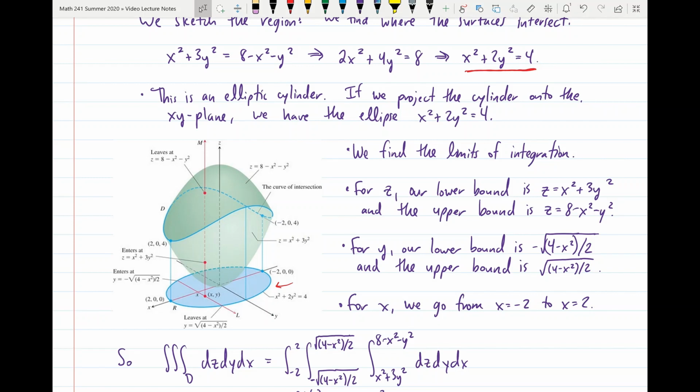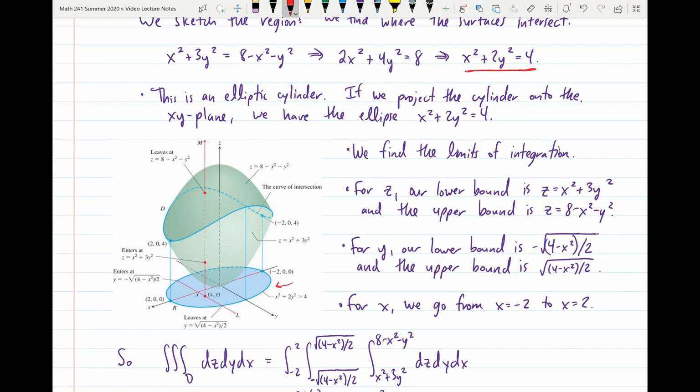I'm sure that many of you right now are thinking, how on earth are you supposed to understand what this three-dimensional region looks like in space? This is a good question. I know that 8 minus x squared minus y squared is a paraboloid, so that's not too hard to draw. And then we have z equals x squared plus 3y squared.